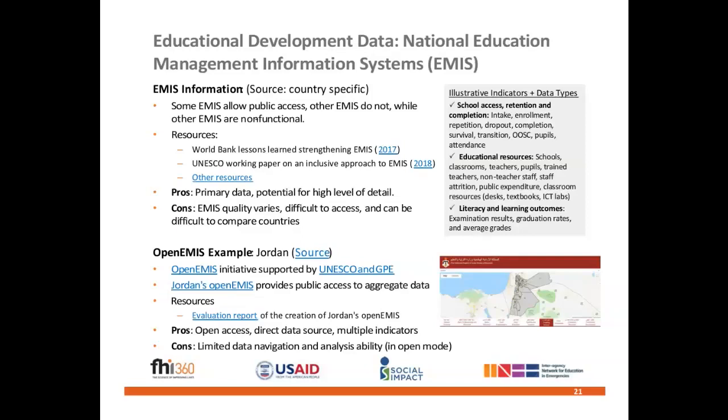So first off, of course, is EMIS systems, the National Level Education Management Information Systems. And obviously, these differ by country. Some are quite sophisticated, some are open, some are closed and require a data sharing agreement to get access to. Others are not very functional, let's say. So it really depends on which context you're looking at, and we'll look at one example of a more open EMIS system.